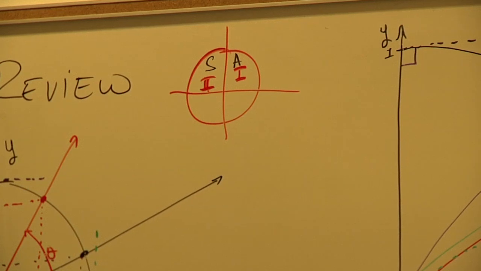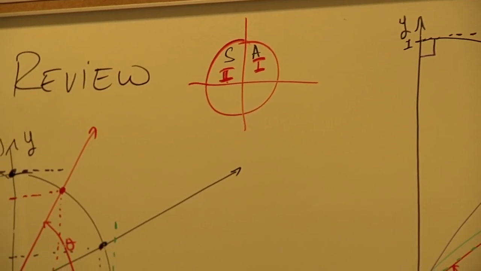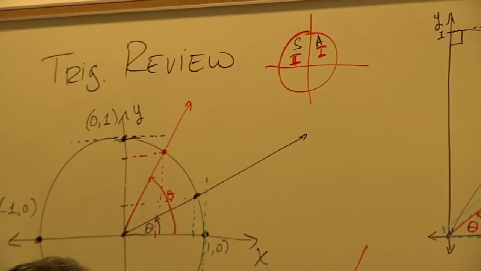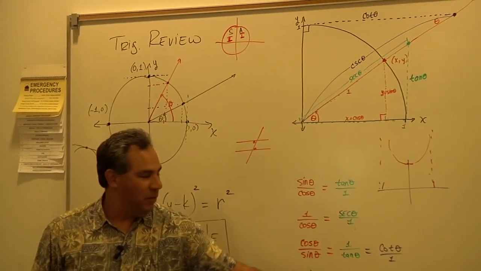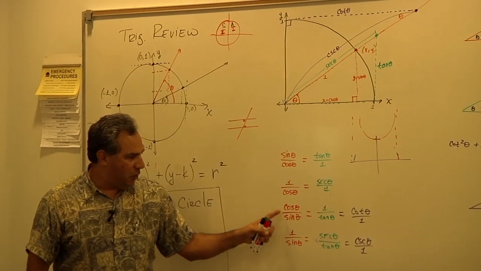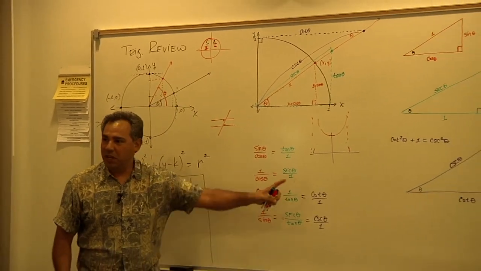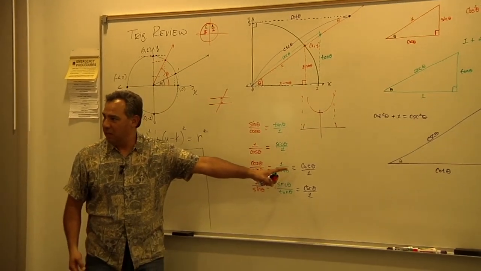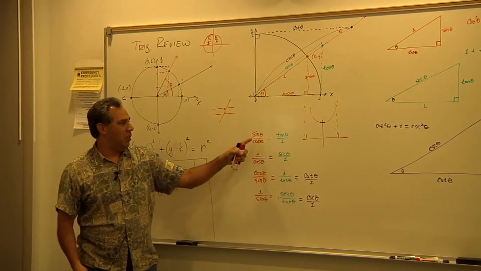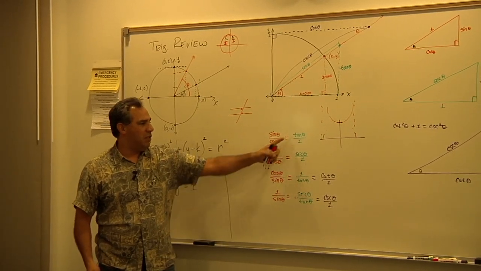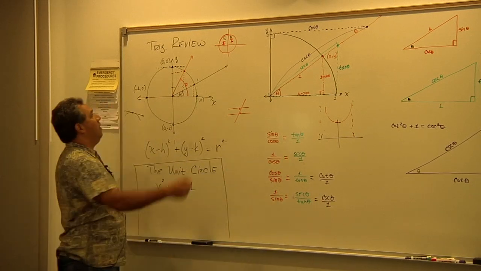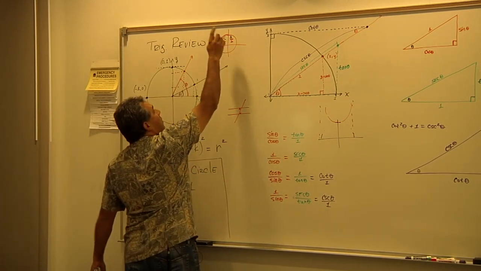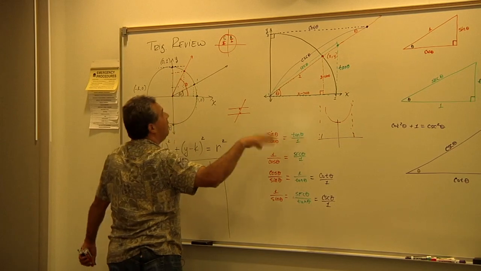If sine is positive, the cosecant must be positive, right? Okay. Sine is positive, cosine's negative, cotangent will be what? Negative, right? Same with tangent. If sine is positive and cosine's negative, tangent's negative, right? Cosine's negative, secant's negative. So they said all students, sine is positive, and that gives you all that other stuff.